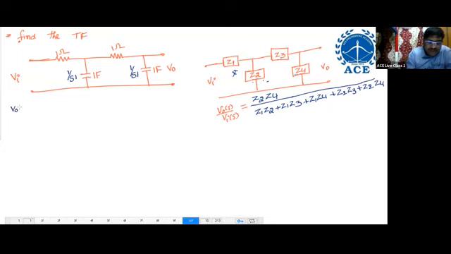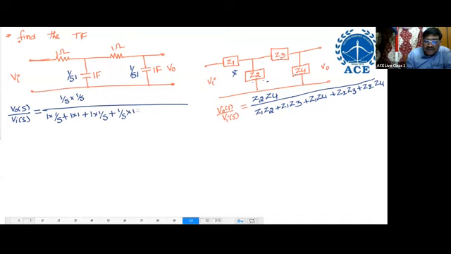V naught of S by VA of S equals the product of shunt impedances, 1 by S into 1 by S, divided by Z1 Z2, 1 into 1 by S, plus Z1 Z3, 1 into 1, plus Z1 Z4, 1 into 1 by S. Z1 completed. Next Z2 Z3, 1 by S into 1, plus Z2 Z4, 1 by S into 1 by S. Now simplify this.